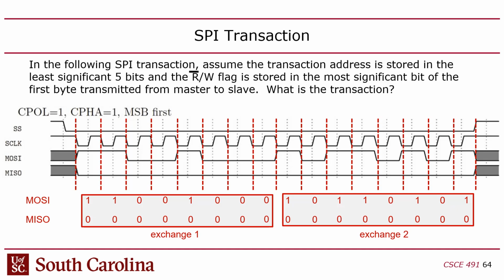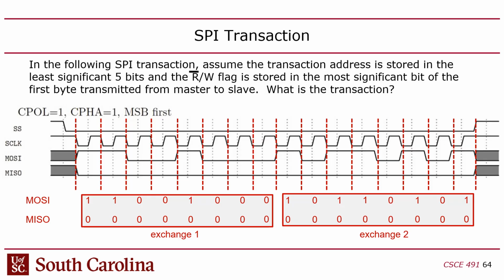And so this is when the timing mode matters. You want to know when you should be reading that data. So in this case, CPHA is 1, which means you're going to start reading on the second edge of the clock. So there's the second edge of the clock, there's the first, there's the second.